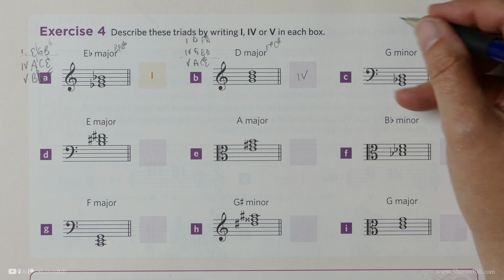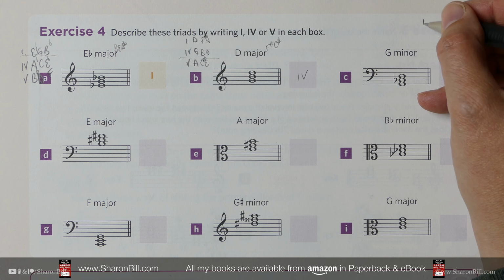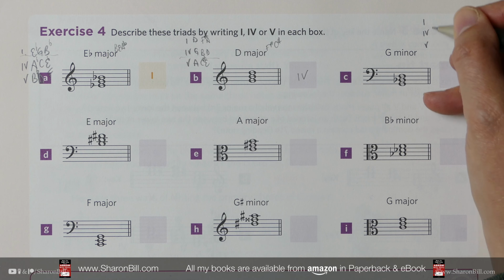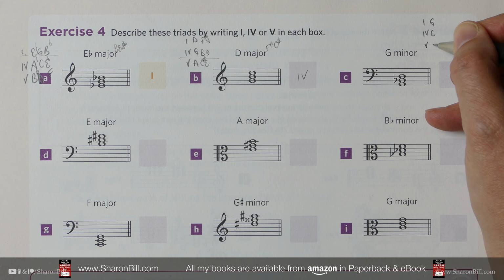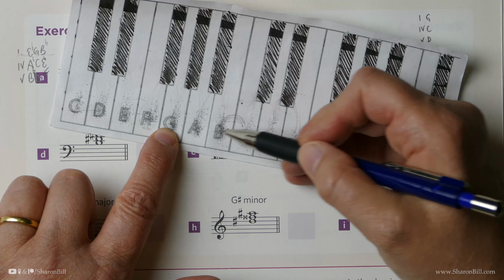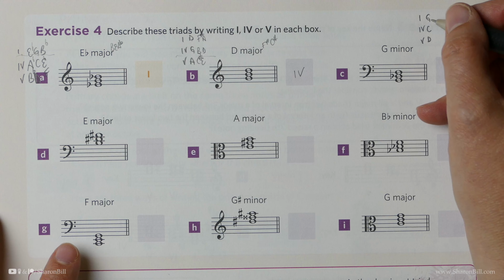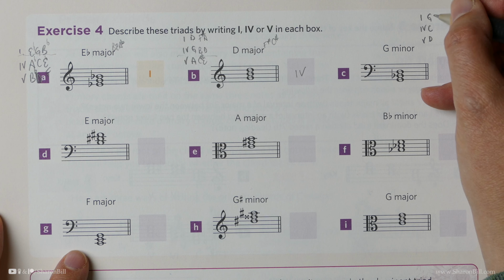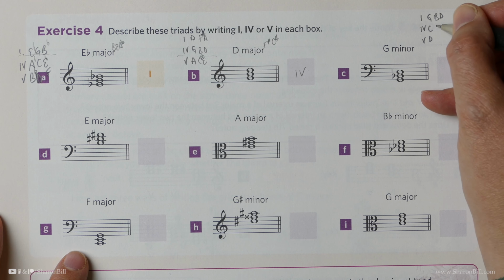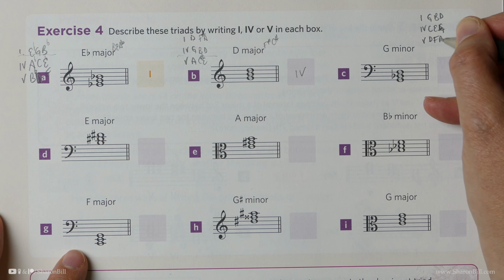Now in G minor, we could be overthinking this, but let's do everything we need to do. 1, 4, 5, G, A, B, C, D. We're counting 1, 2, 3, 4 and 5. They're the steps of the scale, and now we build the triad. First, third, fifth, first, third, fifth.